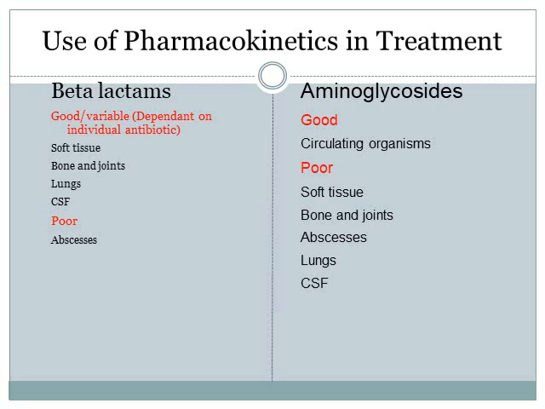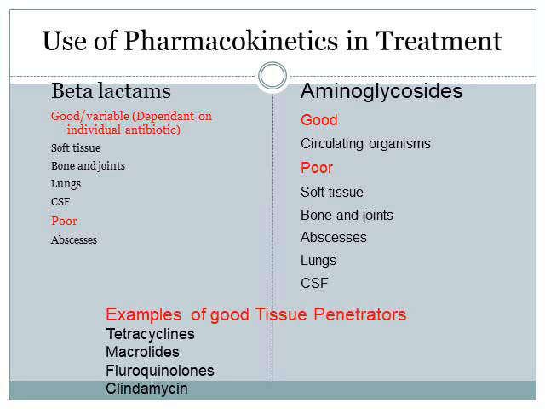If you want penetrating power, then you look at your other ones. If you have an area that is difficult to get to, or a particularly resistant one that's not responding, then we move to tetracyclines, macrolides, fluoroquinolones, or in particular, clindamycin, which has much better penetrating ability.